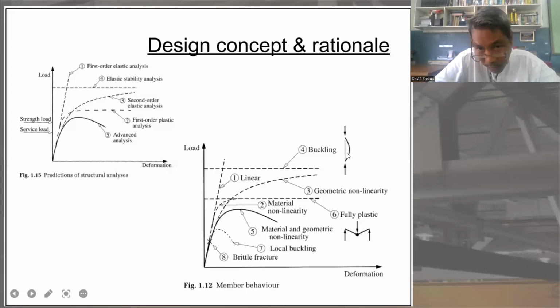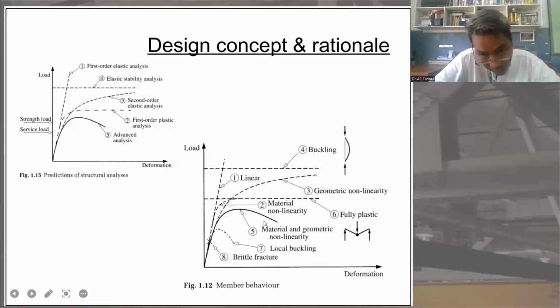This is the type of buckling if we are having a column or post. As we compress it further, the column will buckle like this. So number 5, we have advanced analysis.